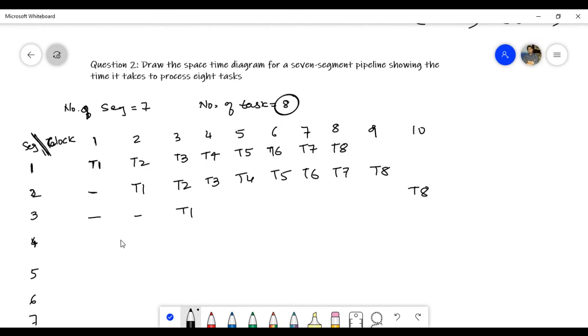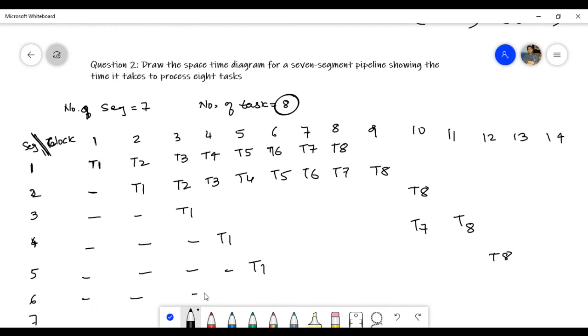So the 10th clock: it will be shifted. This is T7. This is T8. 11th clock, then 12, 13, and 14.